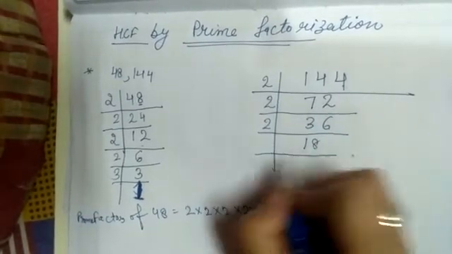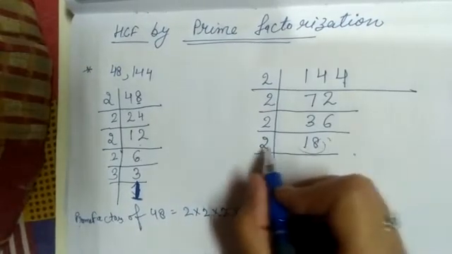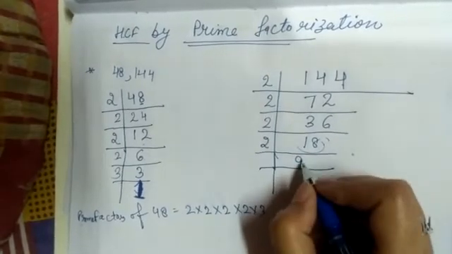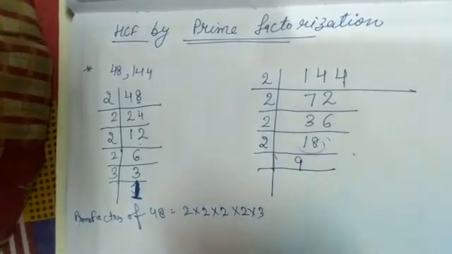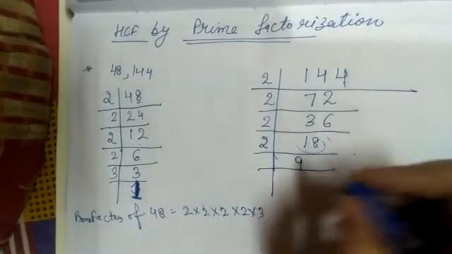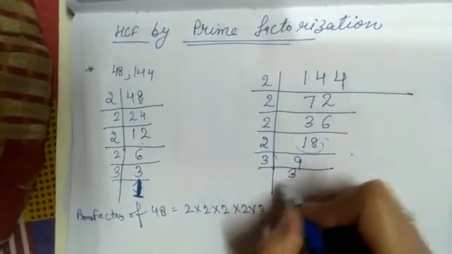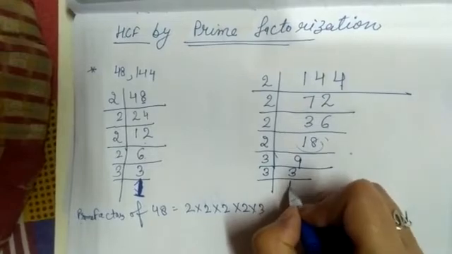Again even, do it by 2, so if I divide 18 by 2, I'll get 9. Now 9 is not even, so we jump to the next prime, that is 3. Try 3. Yes, it is divisible by 3. 3 threes are 9. Then 3 is a prime number, so divide by 3 and get 1.